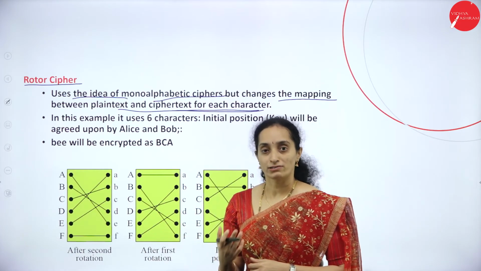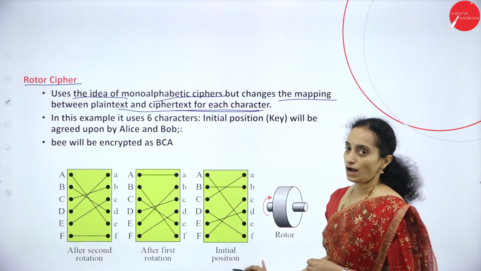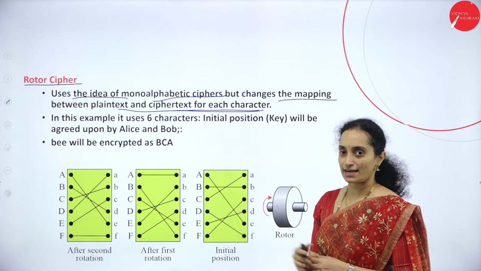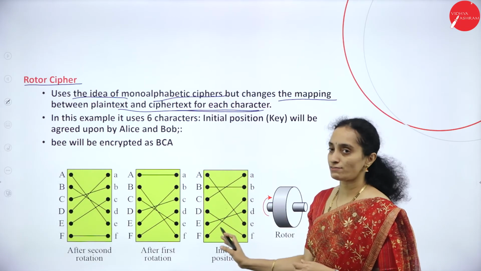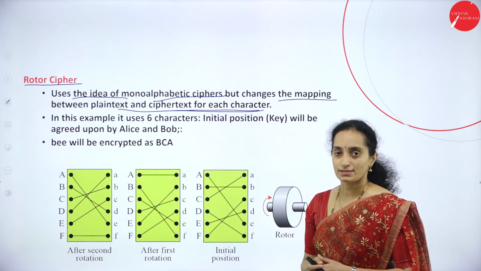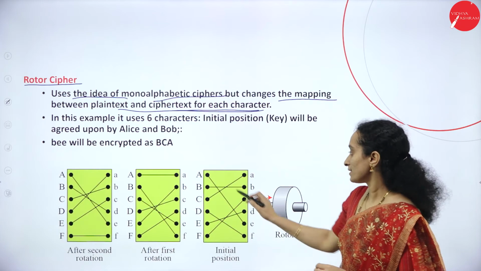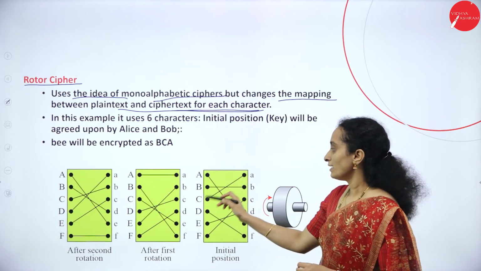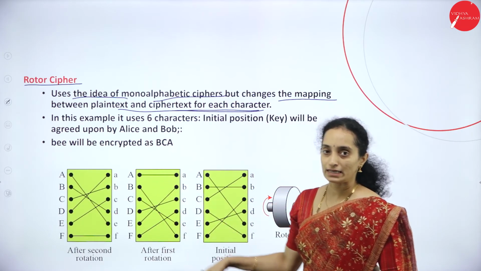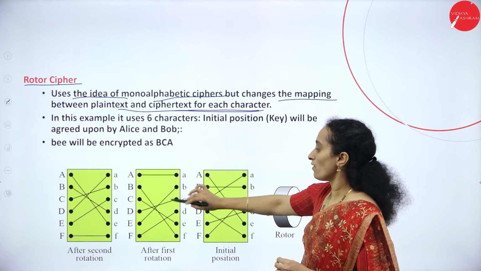Actually it will be 26 characters in English, but for our purpose it is not possible to show all 26 characters, so we have shown 6. All the connections will be wired, which are permanent.